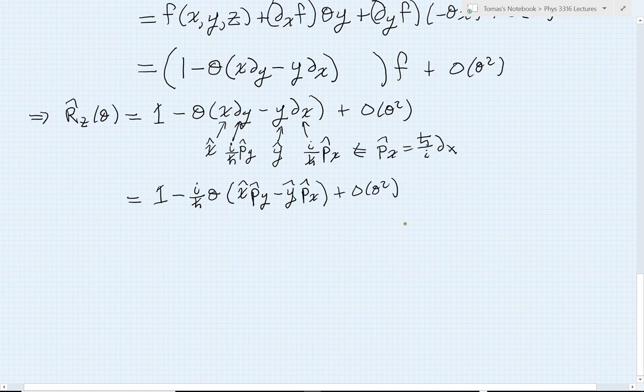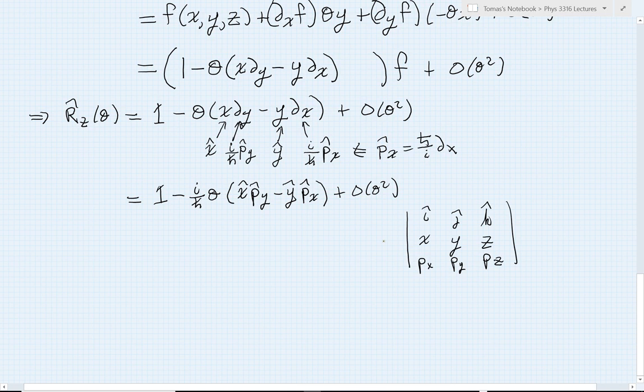In fact, if I look at the cross product, i hat, j hat, k hat, between my coordinate location x, y, and z, and my momenta px, py, and pz, I can get exactly this cofactor determinant, x times py minus y times px, which is what I see here, and that cofactor would come from the k hat component of this cross product.